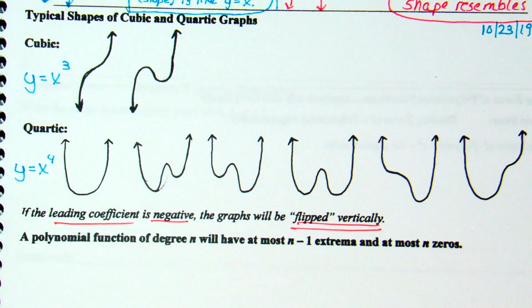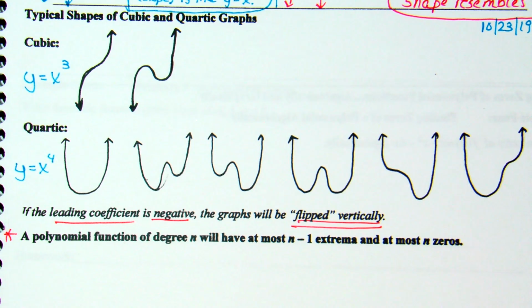Now, important key before we move on to the back side. A polynomial function of degree n will have at most n minus 1 extrema and at most n zeros. Now, let's put that in language you can understand, because right now I'm sure it is gibberish, okay? So, a polynomial function of degree n.